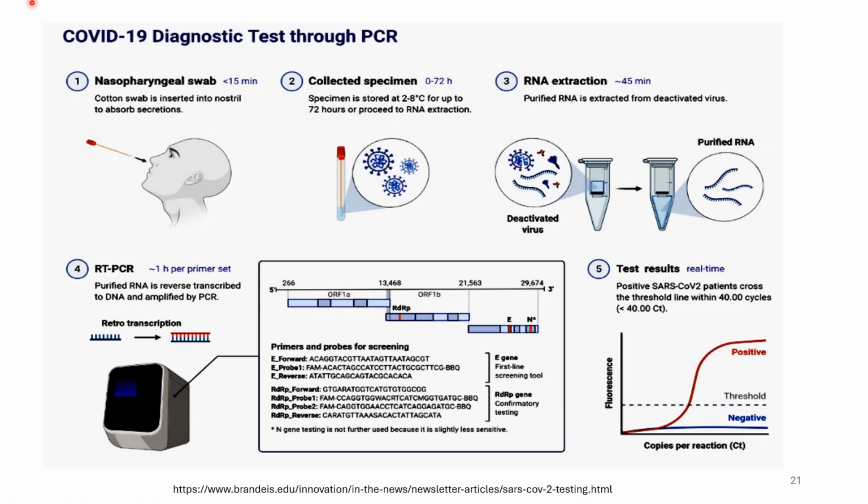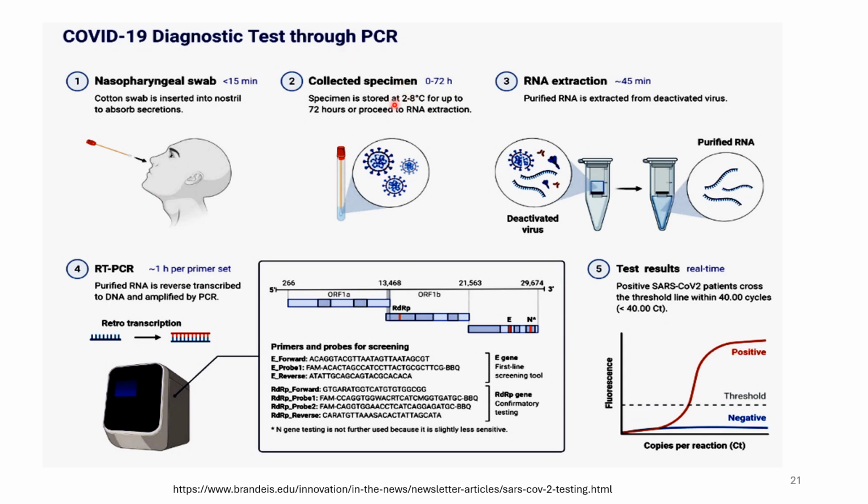The real-time PCR technique has emerged as a gold standard for COVID-19 diagnosis. A cotton swab is inserted into the patient's nose or throat to collect the respiratory secretions. The sample may contain virus particles if the individual is infected with SARS-CoV-2, the virus responsible for COVID-19.